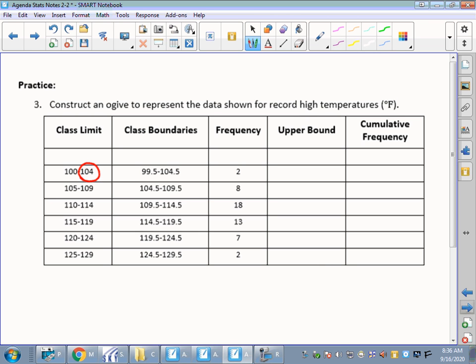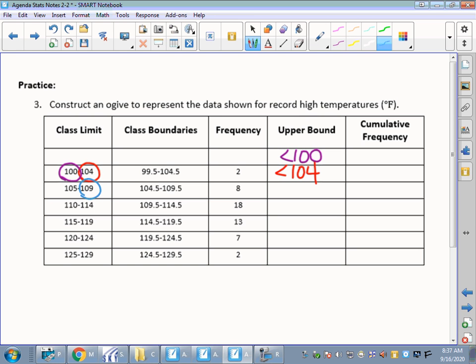If we're accumulating, this is everything that is less than 104. However, we have to use this extra line in our table. So we're going to say this is all the data points that are less than 100. You're always going to start with that lowest class limit. And then we keep going with this.